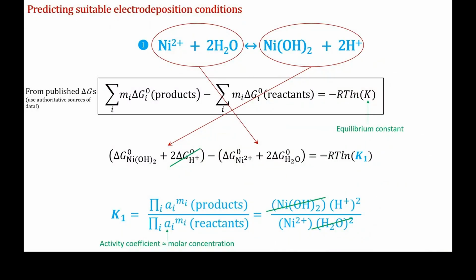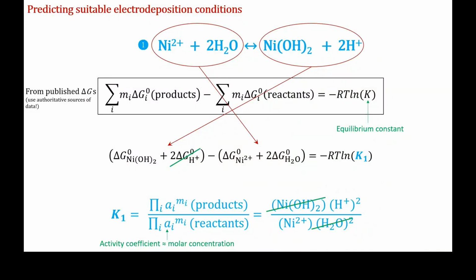Like this, that one bites the dust, because the Gibbs free energy of protons is 0. So you can ultimately work it out. And then when you write out the equilibrium constant in a different way, the equilibrium constant is actually a fraction between the product of the products and the reactants.